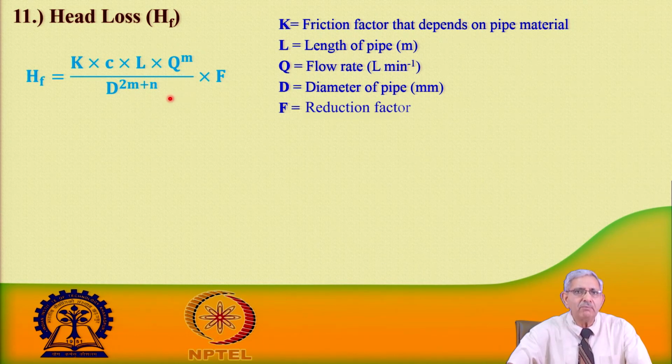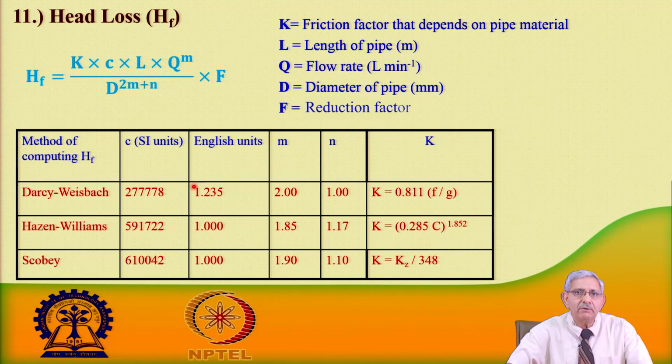It could be a lateral pipeline, main pipeline, or sub main pipeline, and D is the diameter of the pipeline, and this capital F is the reduction factor. The reduction factor we have already discussed, and depending on the type of unit we are putting in, one can use a particular value of the reduction factor.